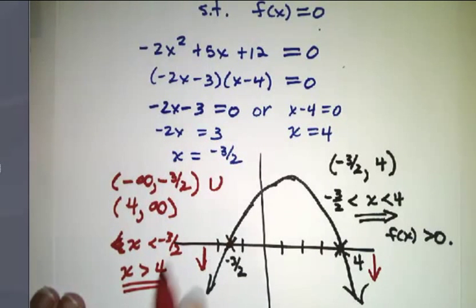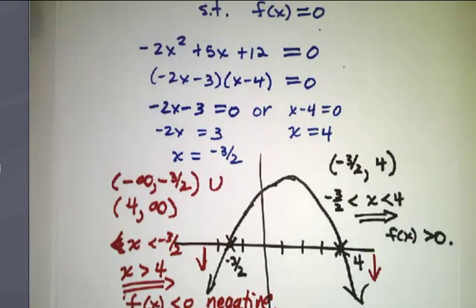For these x values, f of x is less than 0, and that is negative. So to find out where a function is positive or negative given the formula, one method, if it's easily done, is to first sketch the graph of the function and then find out where it sits above and below the x-axis.